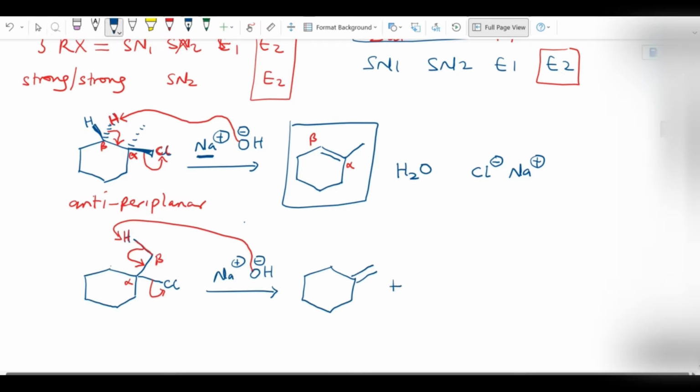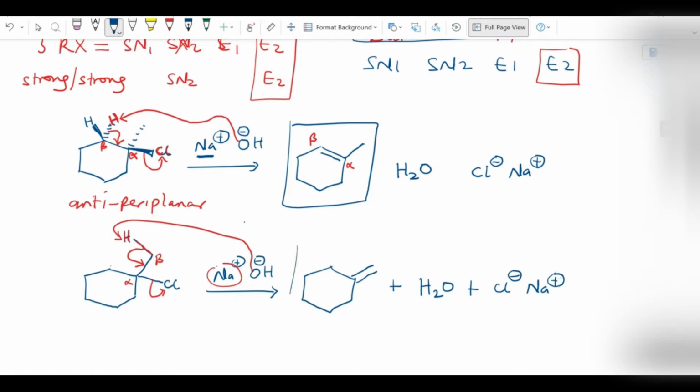Now, when the base pulls off the proton from the alkyl halide, it will form the conjugate acid of the base. And here we'll have the leaving group that is kicked out. And of course, the cation will be attracted to the anion.